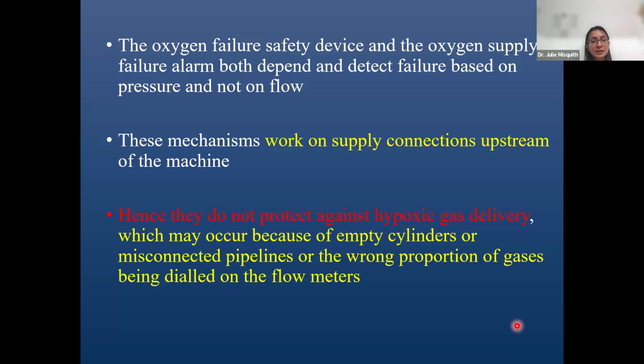Hence, they do not protect against hypoxic gas delivery, which may occur because of empty cylinders, misconnected pipelines, or the wrong proportion of gases being dialed on the flow meters. So you have to be aware that these oxygen failure safety devices may still deliver hypoxic mixtures if the pressure in the pipelines is adequate.